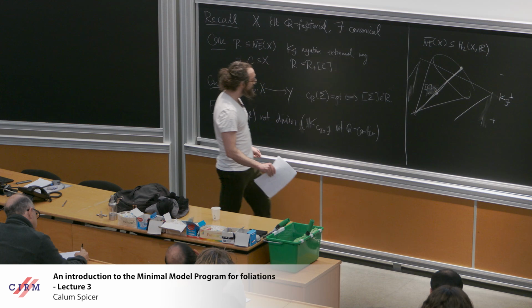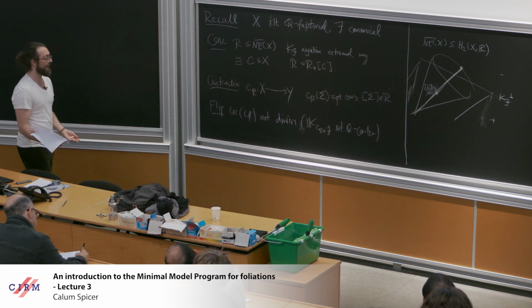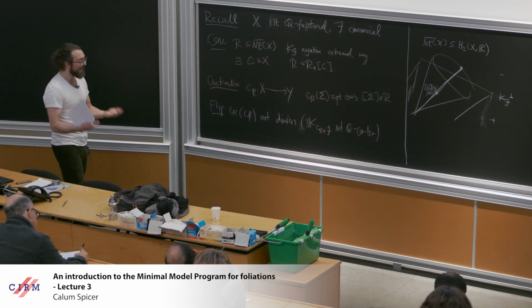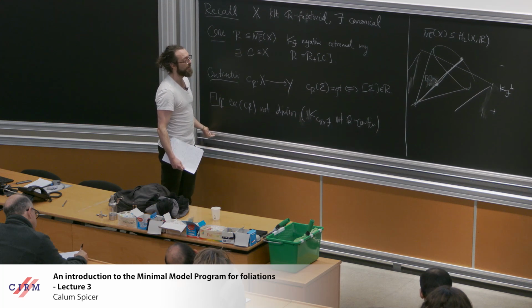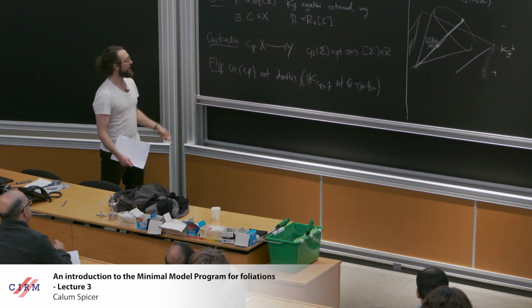And this is a significant issue because if it's not Q-Cartier, we can't make sense of Nefness. So the solution to this conundrum was to produce what we called a flip.